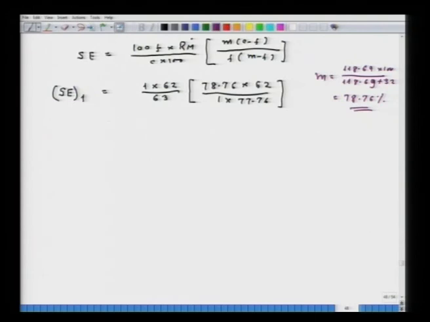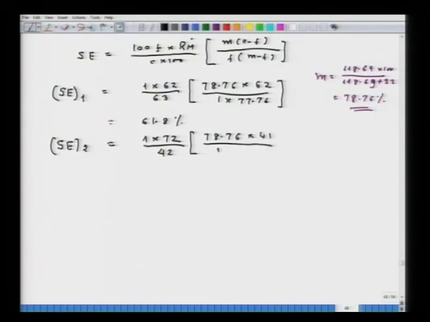So, the separation efficiency becomes equal to 61.8%. Now, in a similar way I can find out separation efficiency 2, that will be 1 into 72 upon 42 into 78.76 into 41 upon 1 into 77.76, that will be equal to 71.18%.